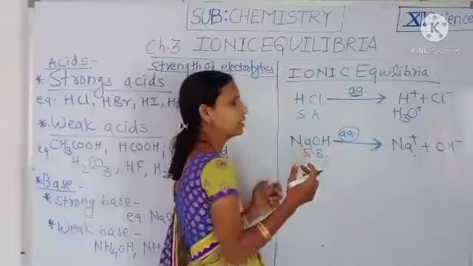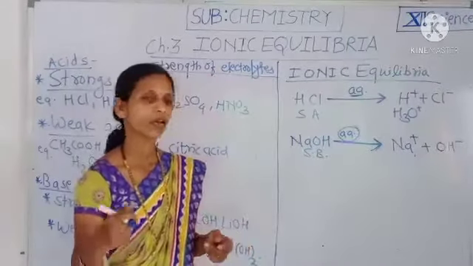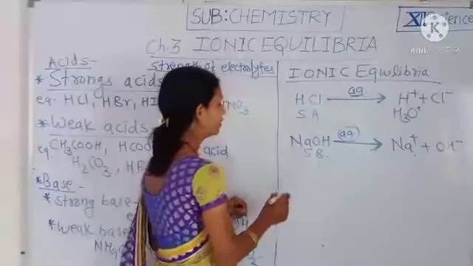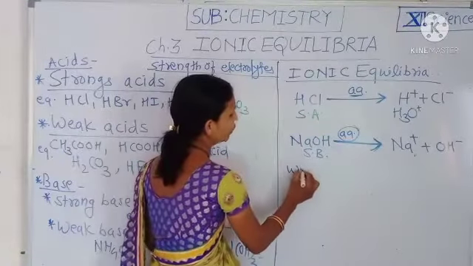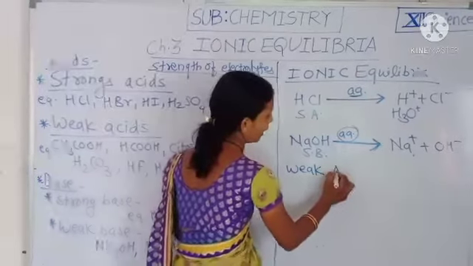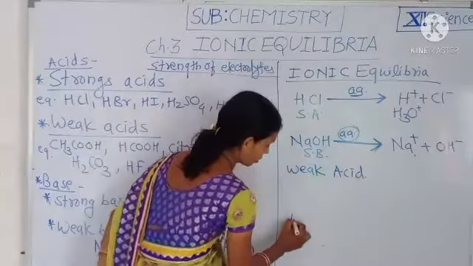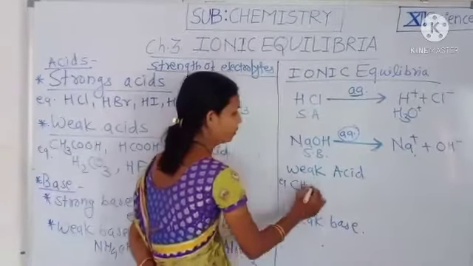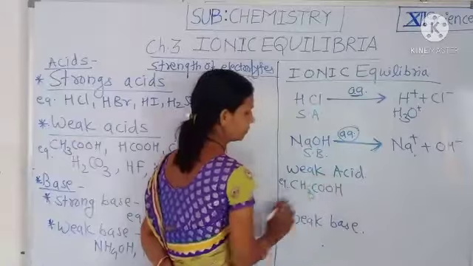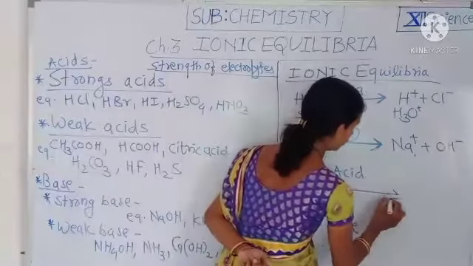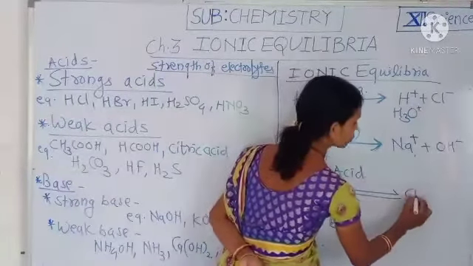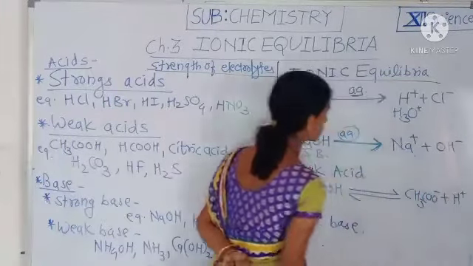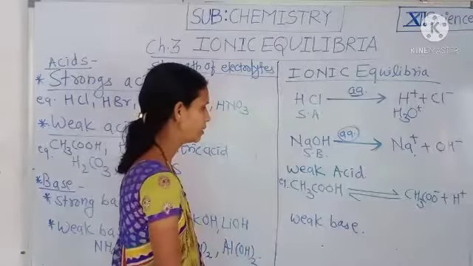Ionic equilibria is attained between dissociated ions and unionized molecules, and here in weak acid or weak base, for example acetic acid, it dissociates feebly and gives a small amount of dissociated ions, that is H plus and CH3COO minus ions.